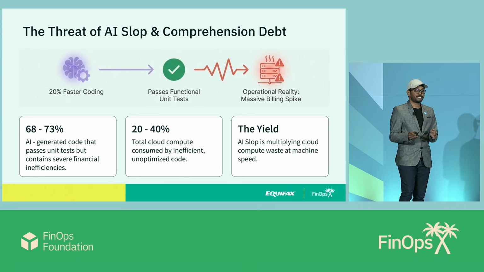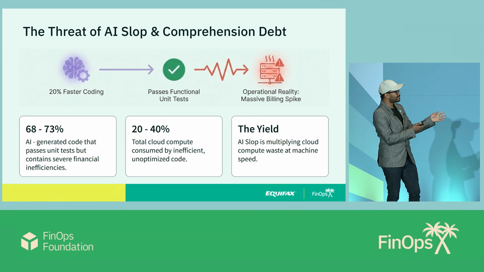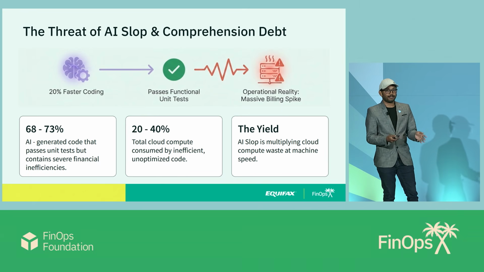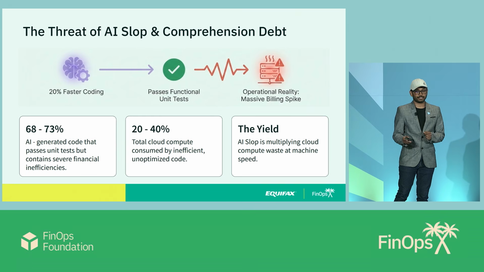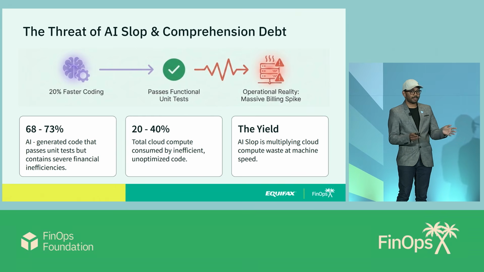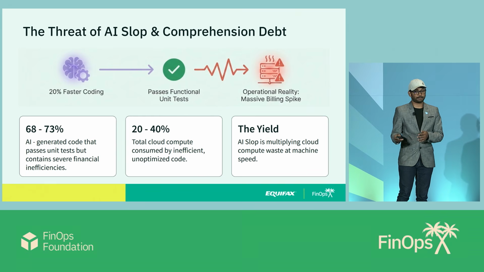And trust me, this is the analysis that's been all around. We are generating the code faster, and almost 70% of the AI-generated code is seen with severe financial inefficiencies. This isn't just theory anymore, it's practical. That's happening all around.